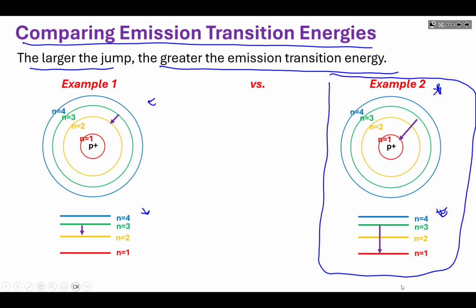And without doing any calculations, though you can do calculations, they're given in your textbook, you can just look at the size of these arrows. So this arrow is much bigger than this arrow. And likewise, this arrow here is much bigger than this arrow, representing the magnitude of those energy differences.